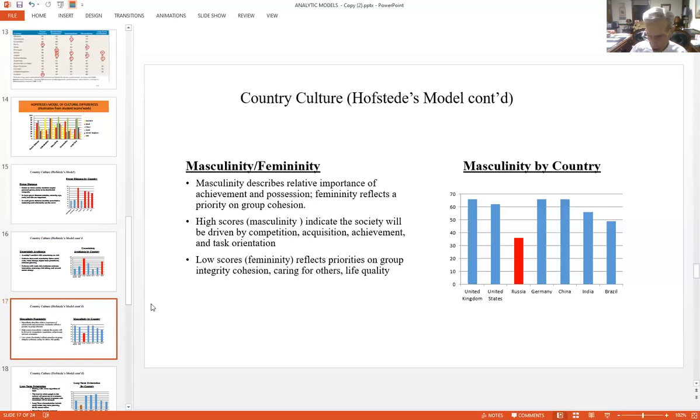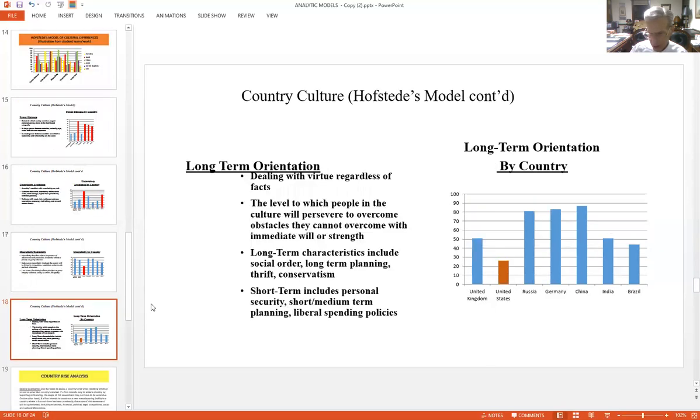Masculinity, as you can see, is low in Russia for the reason that I explained. Long-term orientation, you can see that red bar, and as I said, that bothers me a bit. And then we see that China, as well as Russia and Germany, take a longer view.